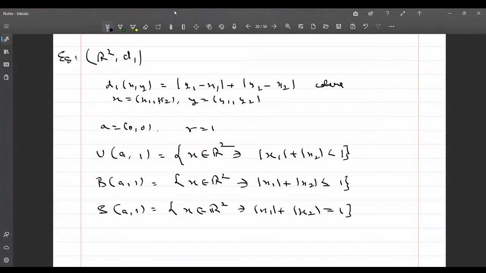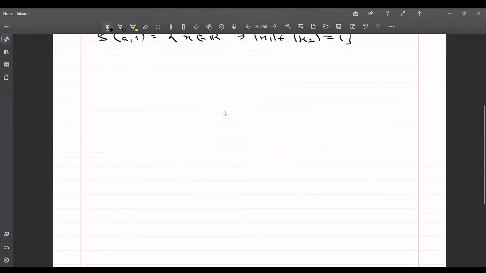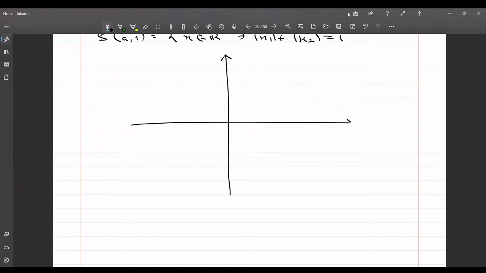Let us try to figure out this shape. Okay, so let this be the real plane. Now see, what are the extreme points?